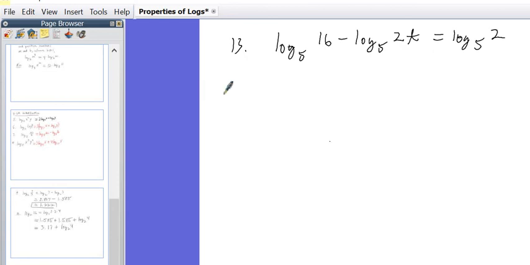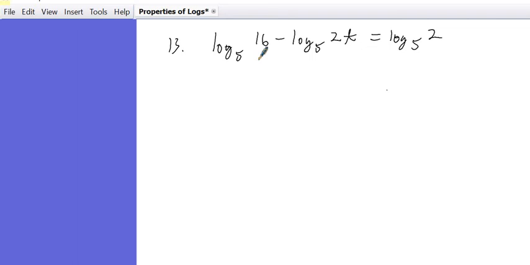Okay, now work this problem. I'll give you a few minutes. Using the rules that we've been discussing, here we see the quotient rule come into play. Since I'm subtracting logs with a common base, I'm going to write this as 16 over 2t, because that's what we're dealing with, a quotient. The log of a quotient equals 2.